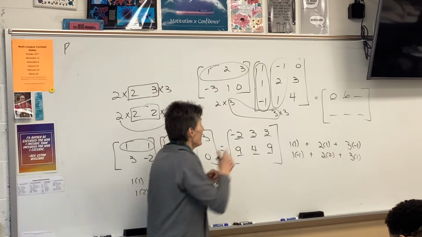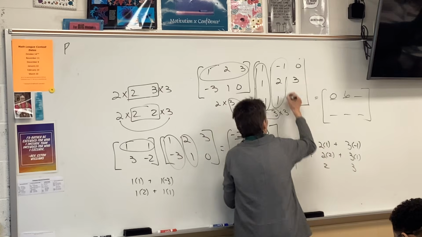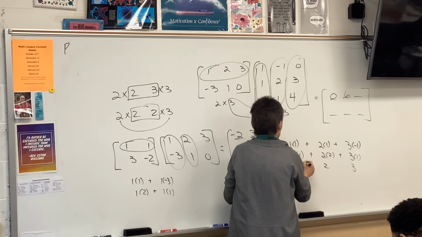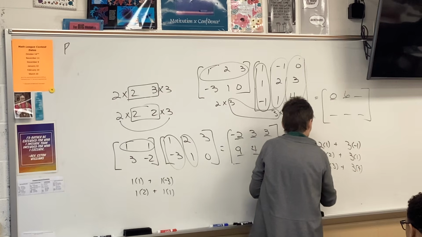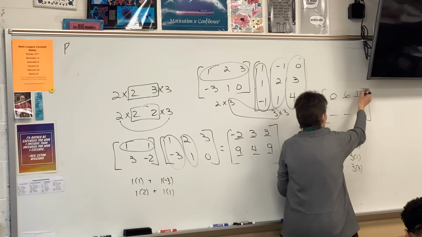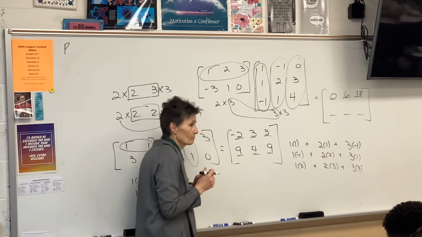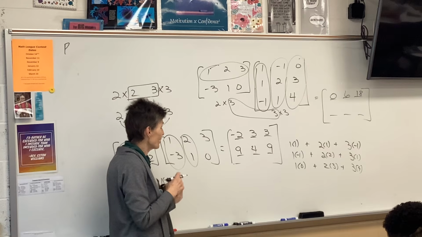And finally, row 1, column 3. I have 18 for that one. It's easy to make arithmetic mistakes, so you have to be careful.